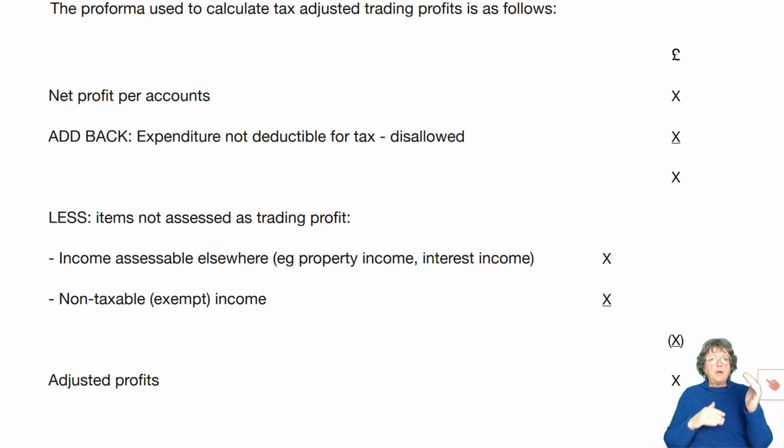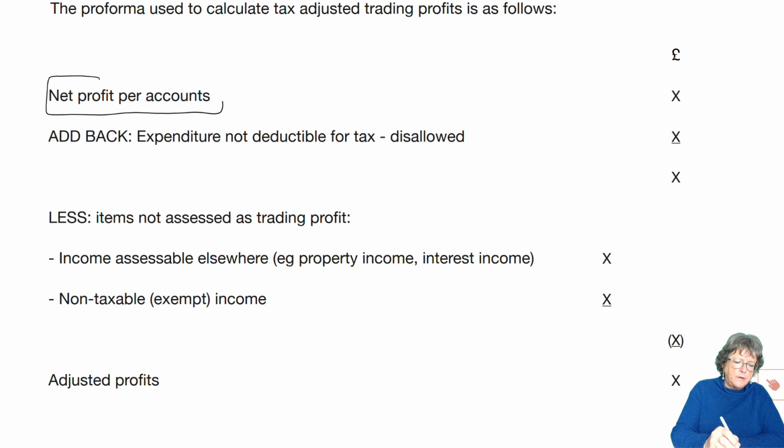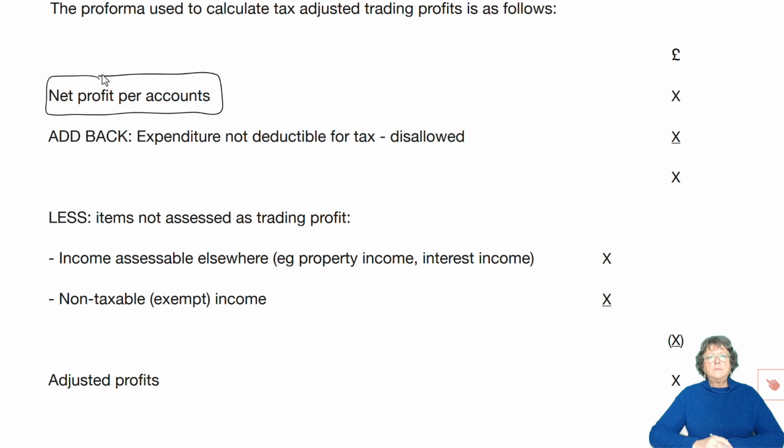It is a large pro forma, and it usually, not always, but usually forms either a 10 mark or a 15 mark question in the exam. It is highly examinable, so please learn the pro forma. This is a very, very important chapter. We start with the net profit per accounts. When we go through the examples, you'll see where that is.